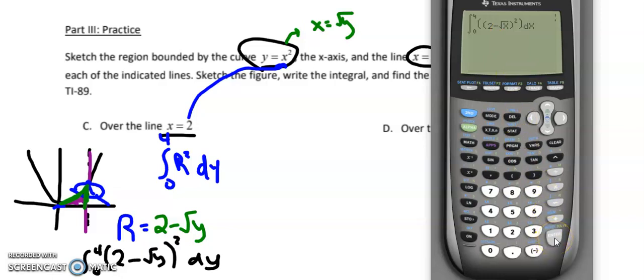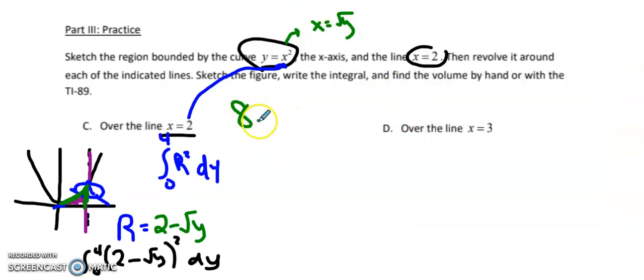So I hit enter, and it's going to tell me that the volume by revolution is not just this, because I also need times pi. I'm going to have times second pi, and my volume by revolution is 8.377 or 8.378. They will truncate or round and accept either.